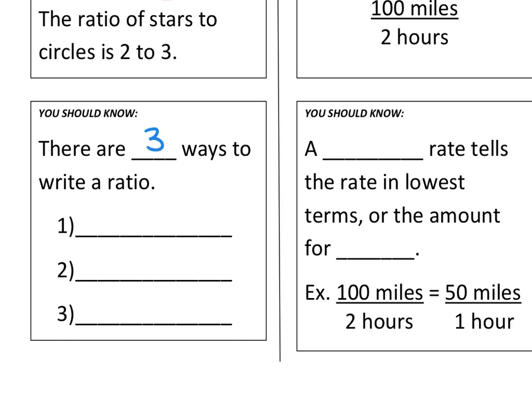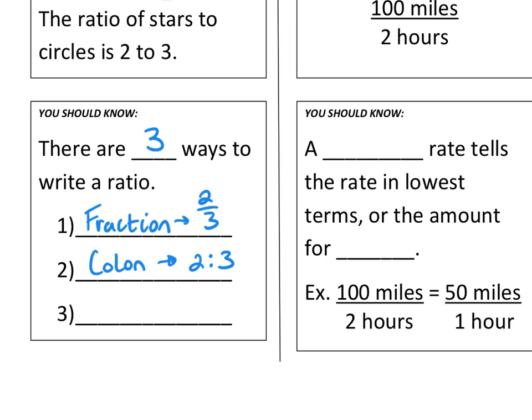Now, you need to know that there are 3 ways that you can write a ratio. The first way is as a fraction. If you take the example above, it can be written as 2 over 3. You can also write a ratio using a colon, so you could say 2 colon 3.